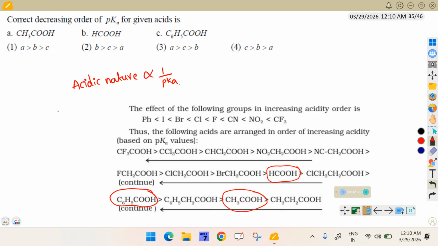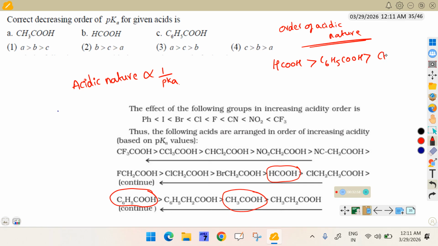Decreasing order of pKa for the given acids. First, the order of acidic nature. HCOOH is the most acidic. After that C6H5COOH.